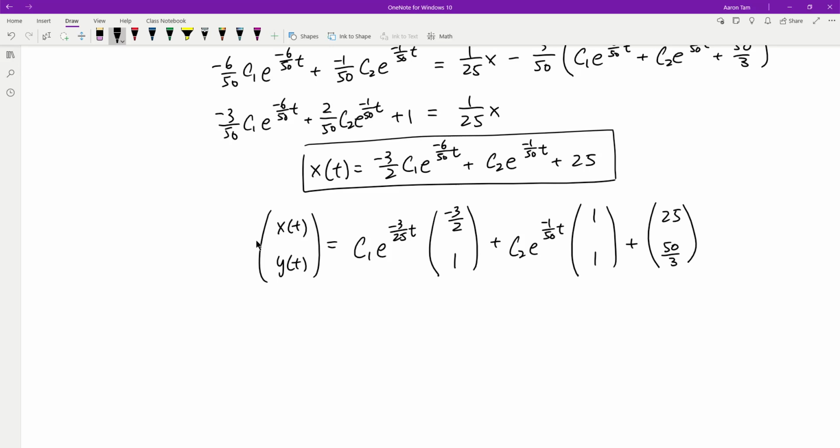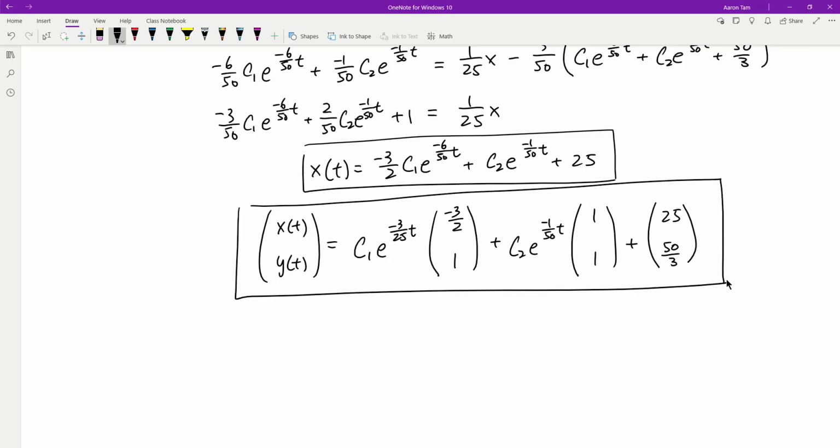All right, and so that is the answer that shows the amount of salt in both tank A and tank B as a vector.